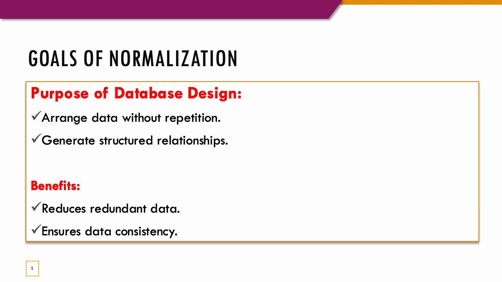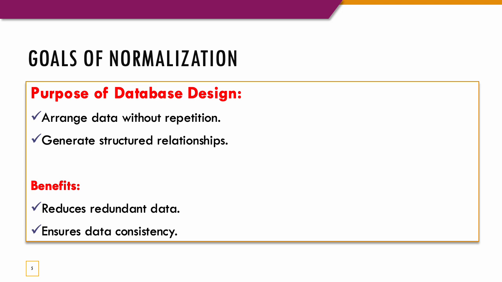Alright, so the purpose of database design is to arrange data without repetition. By organizing data carefully, the database design will be able to minimize data repetition. This reduces storage cost and ensures that when data is updated in one place, it doesn't need to be updated in multiple places.